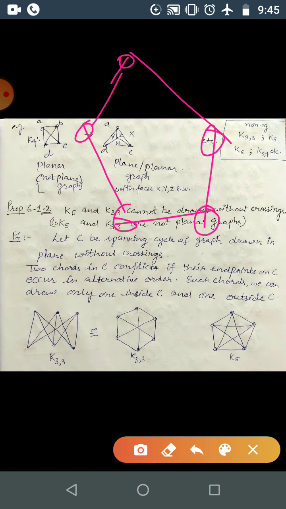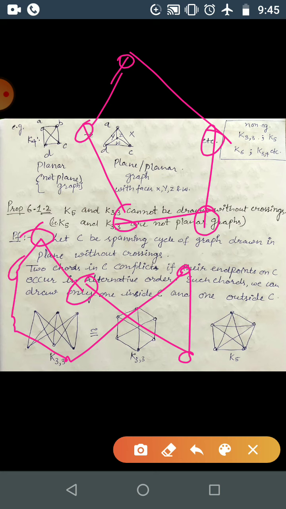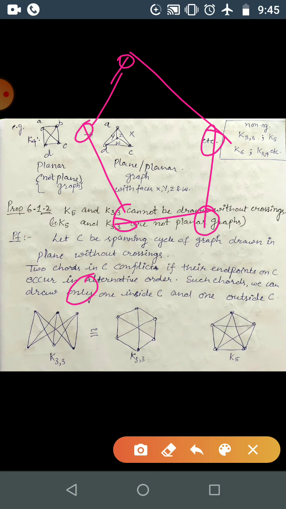Now any cycle, even a spanning one, can be drawn in a plane without crossing. Okay, for example, you are given C6 like this, then you can draw this as a plane graph, that will be planar. So every Cn is planar, every Pn is planar.